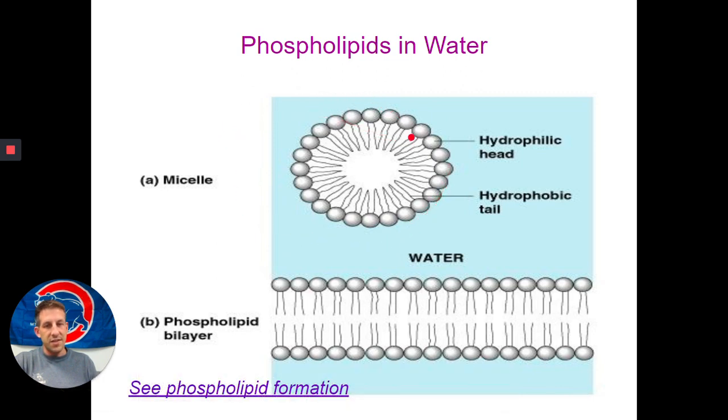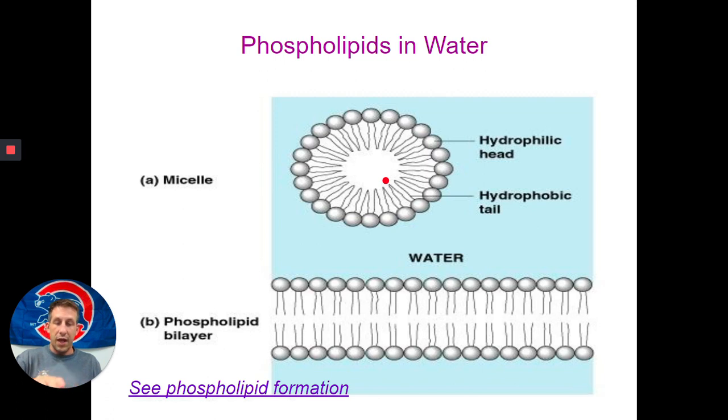That's this thing here, where they orient themselves so that the polar head region, the phosphate part, which is hydrophilic, is on the outside, and it keeps the hydrophobic, highly nonpolar tails isolated on the inside, protected from the water.